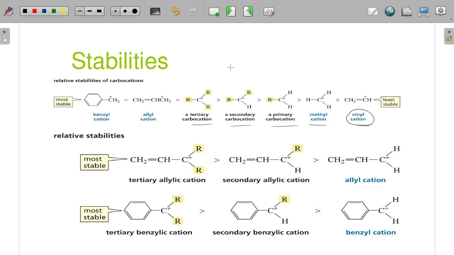It's on our table now. But our benzyl cation and our allylic cation are pretty much considered to be as stable as the tertiaries. Now, if I had a toss-up between a tertiary and a tertiary allylic, the tertiary allylic would be more stable than just a tertiary.